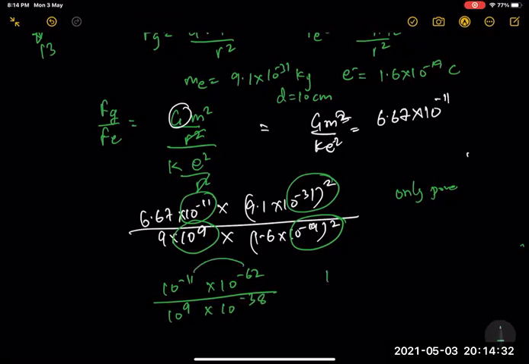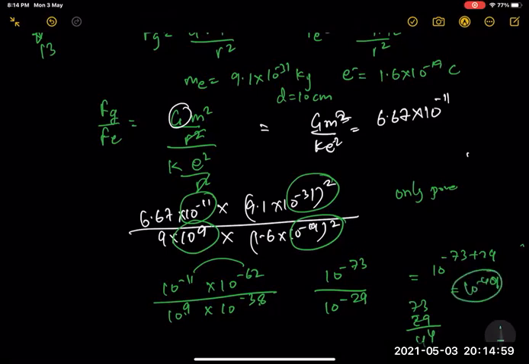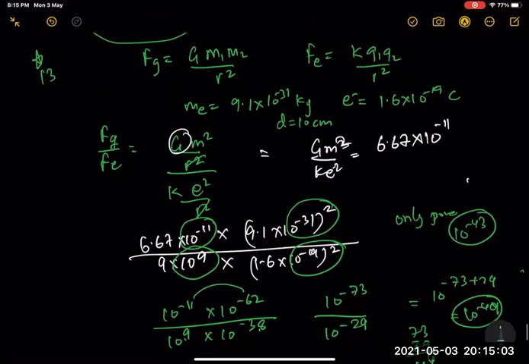Minus 11 minus 62 is 10 power minus 73. 9 and minus 38: 38 minus 9 is 29, so minus 29. So it is 10 power minus 73 plus 29, which is approximately 10 power minus 44. And therefore the answer is 4. Fine. So the 13th answer is 4.